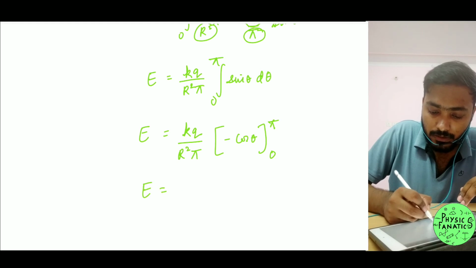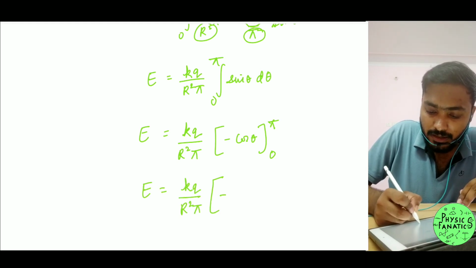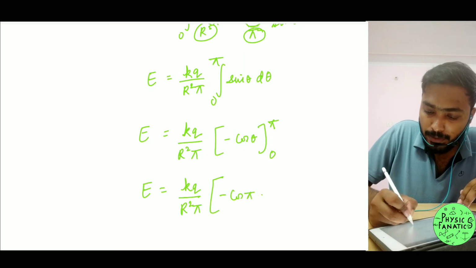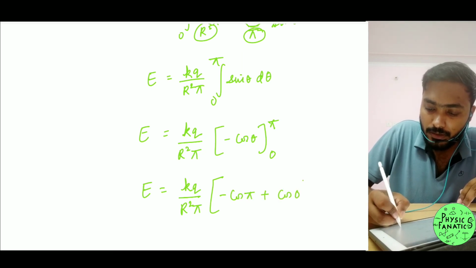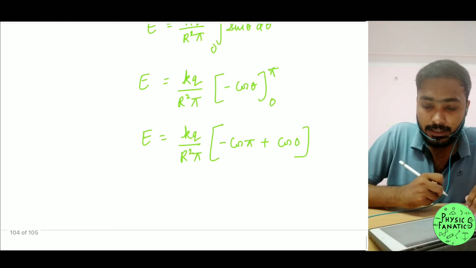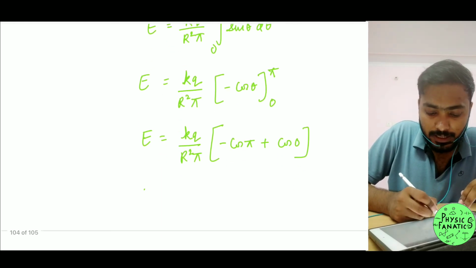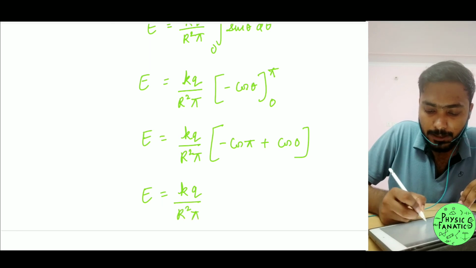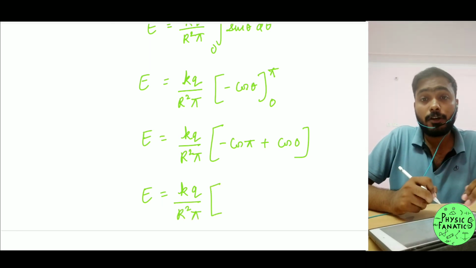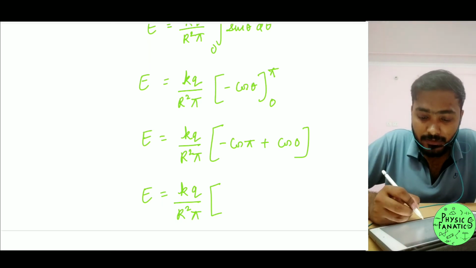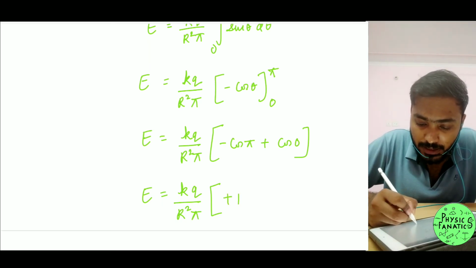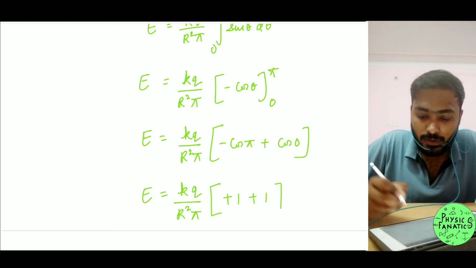Great. So E will be equal to k q upon r square pi times minus cos pi plus cos 0, the upper limit minus the lower limit. What is the value of cos pi? Cos pi has the value of minus 1, so this will be plus 1, and cos 0 is also 1.